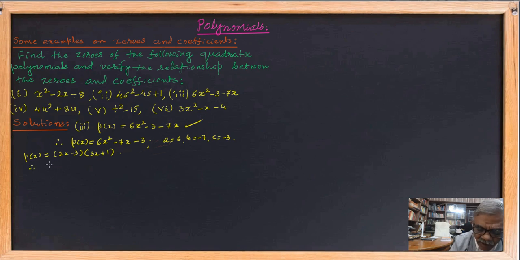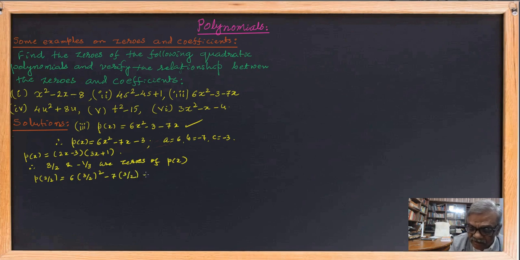Therefore 3 by 2 and minus 1 by 3 are zeros of p(x). Now let us verify whether these two numbers are zeros of p(x) or not. p of 3 by 2 is equal to 6 into (3 by 2) whole square minus 7 into 3 by 2 minus 3.